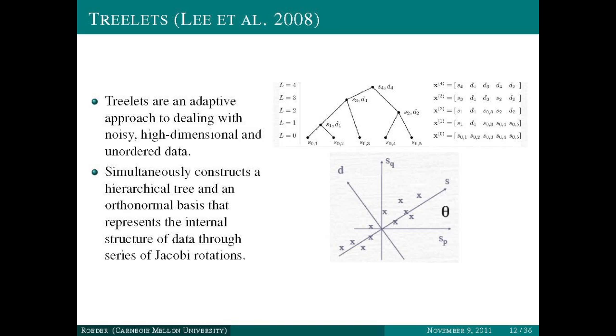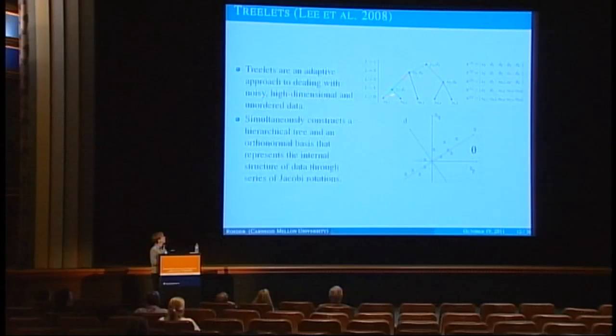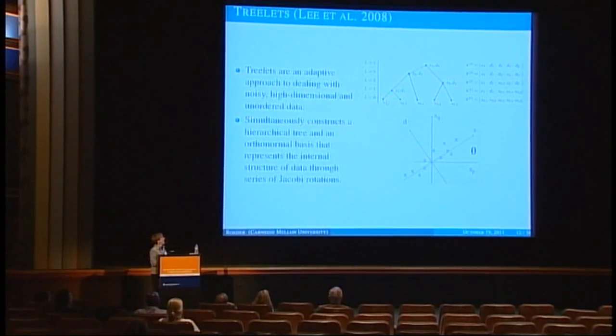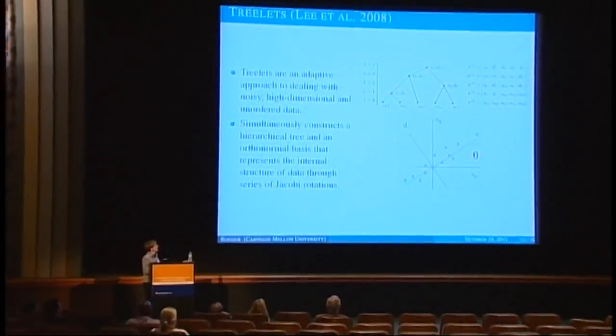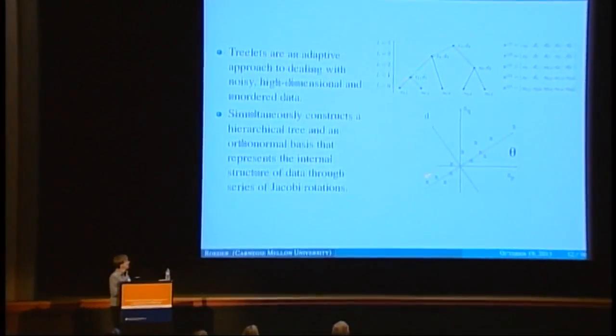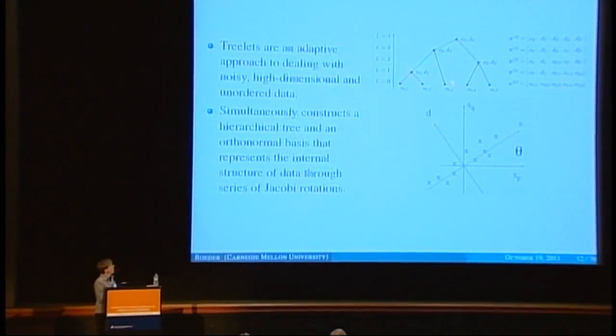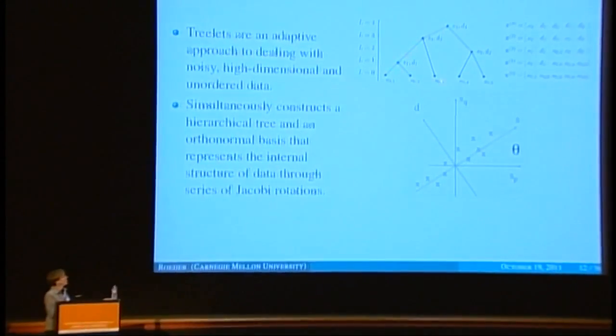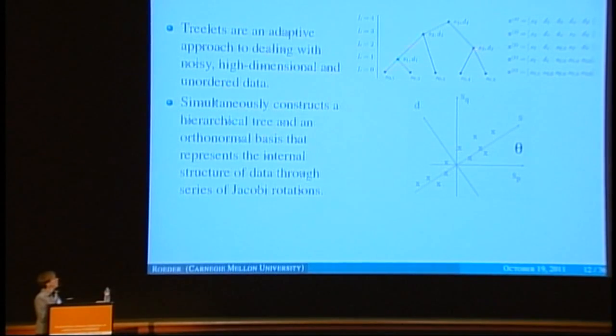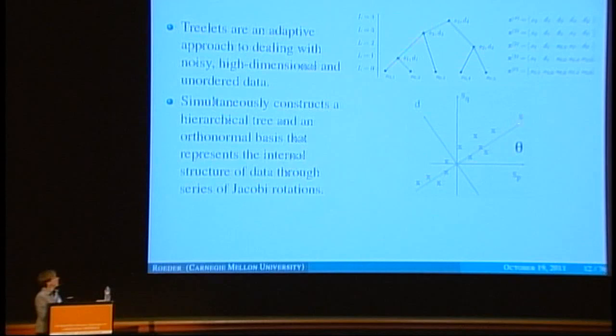What this method does is it creates a basis for data that is built by looking at each variable. You look to see which variables are the closest together, and then you do the pairwise PCA there. And you keep moving up the tree: you find the variables that are closest together, you merge them, you keep doing these projections, and you get the main axis and then the difference.